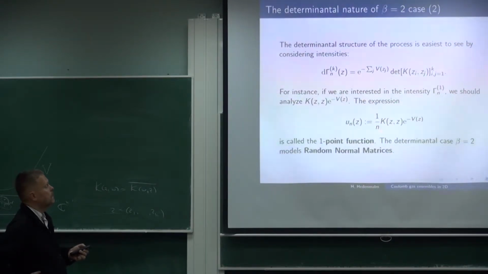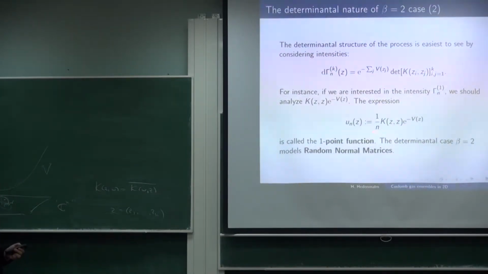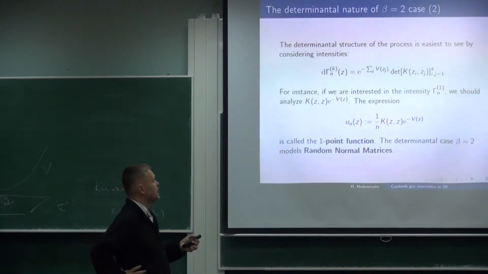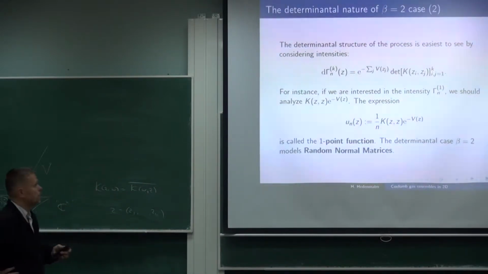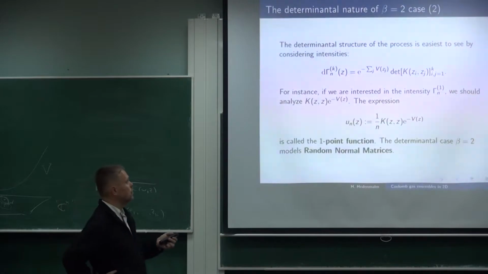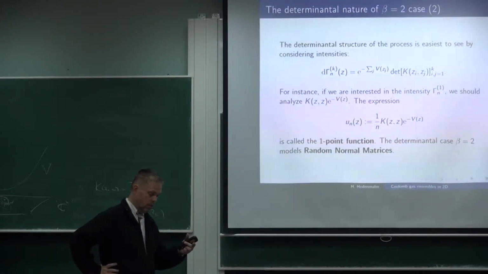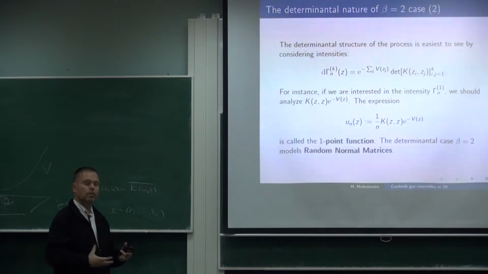Why do you divide by n in this case? Well, one reason is that you might be interested in getting the probability density, because if you integrate here K(z,z) times this expression, the weight in the plane, then by the formula defining the kernel, you will get the integral, which is 1 from each of the elements of the orthonormal basis.